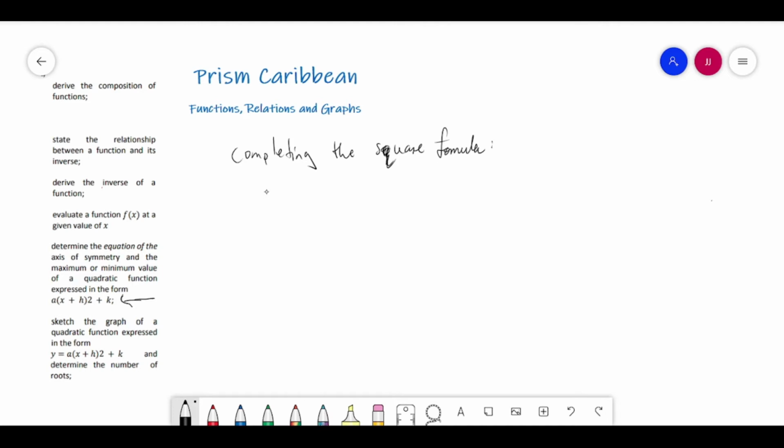This will be, let's say, y is equal to a into x minus h. Well, it will be plus h all square plus k. Now, I'm going to give you a slight variation to this, but I will show you why. So, we need to find h and k, right?